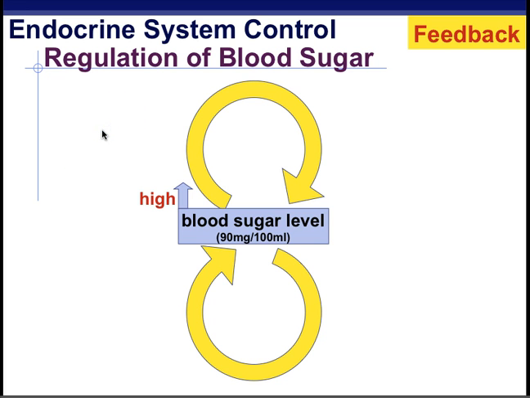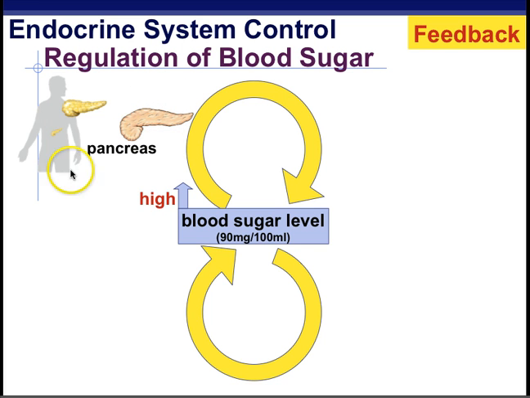For regulation of blood sugar, which is also involved with hormones, here's your pancreas, okay, which is located right here, just under and behind your stomach. Your pancreas releases insulin.